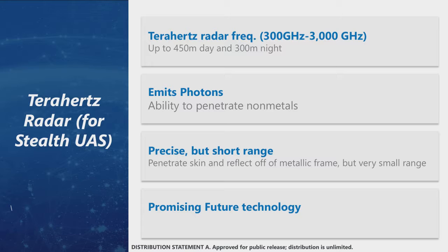One of the benefits is it has the ability to penetrate non-metals, providing you a very precise, however short range, picture of where the drone is. With some refinements, it is a very promising future technology. Again, it penetrates that outer plastic skin and reflects off the metallic frame and the motors and things like that.